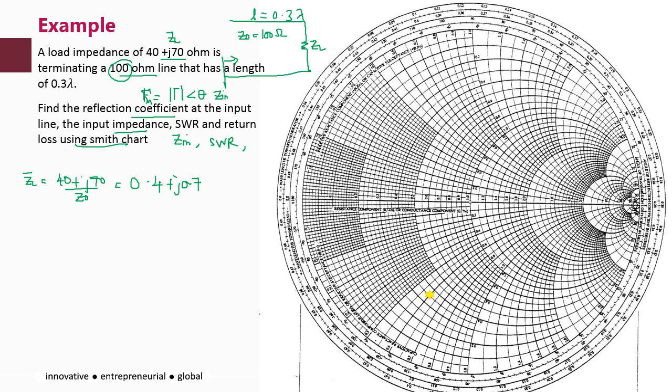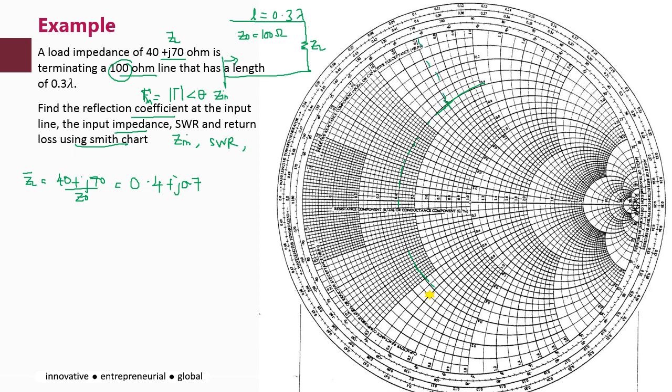Find the 0.4 line, and also positive, so on top, 0.7 is there.